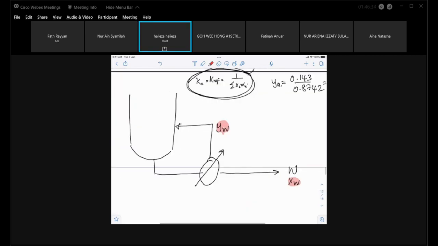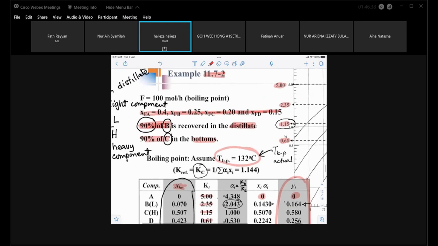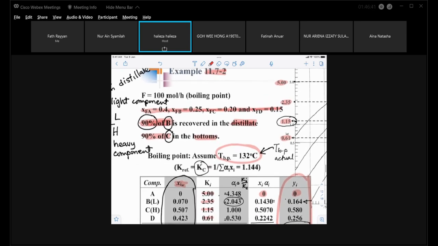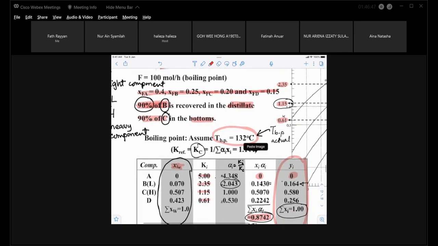I seem to be making lots of mistakes this morning because I was referring to the wrong equation. The boiling point is here, correct? The equation is correct here.